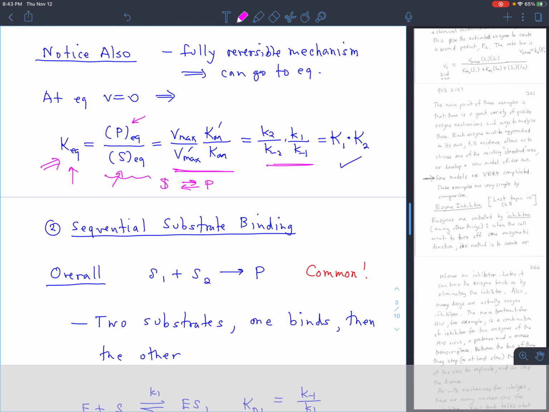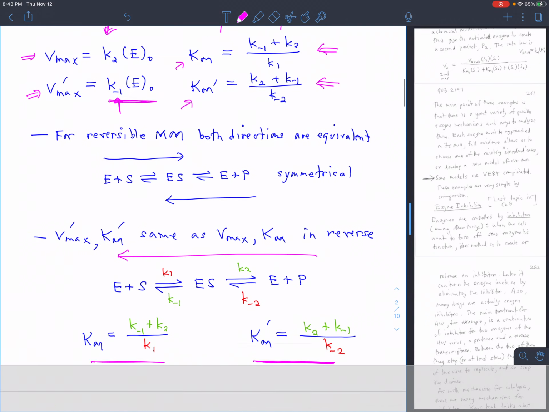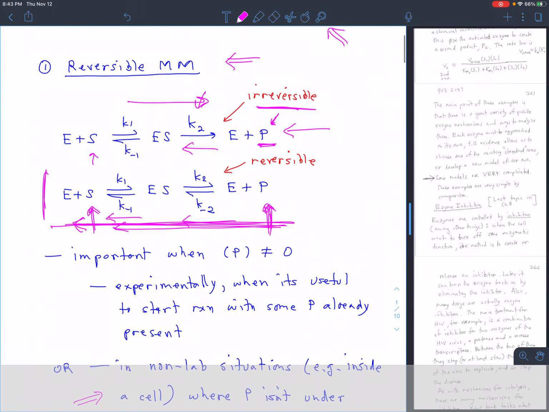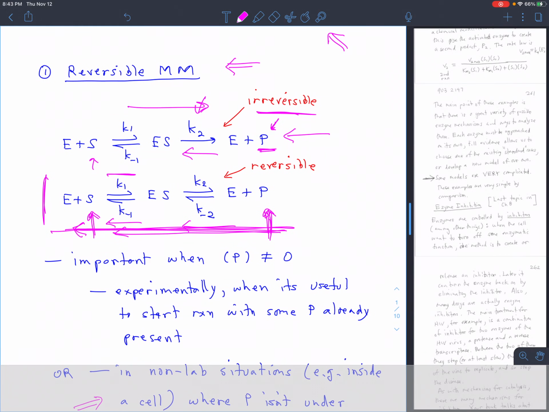And after a little bit of algebra, that boils down to just K1 times K2, where K1 is the equilibrium constant for the first step, and K2 is the equilibrium constant for the second step. So it just follows the rules exactly like they should for a general reaction.